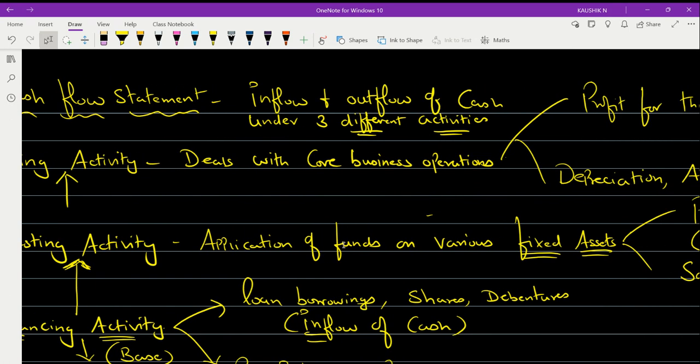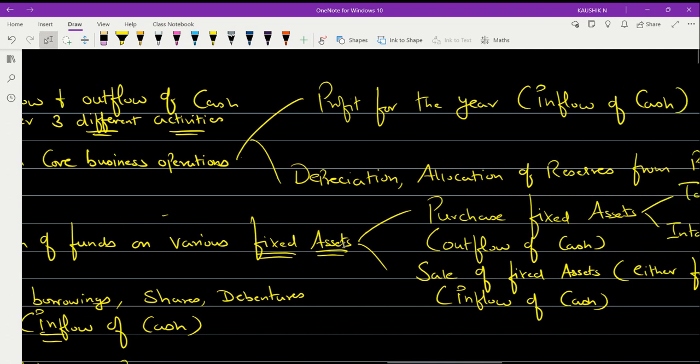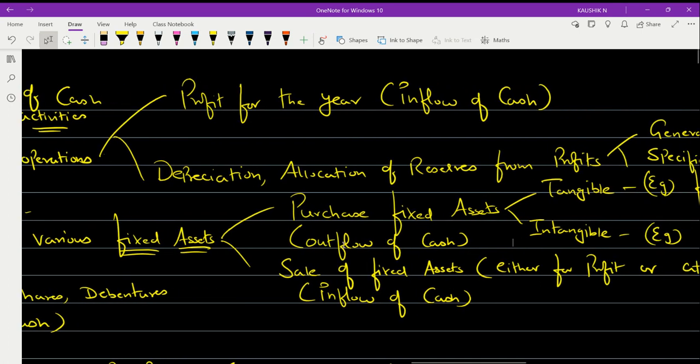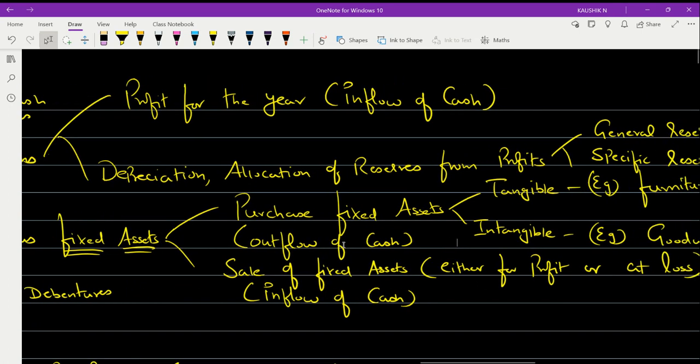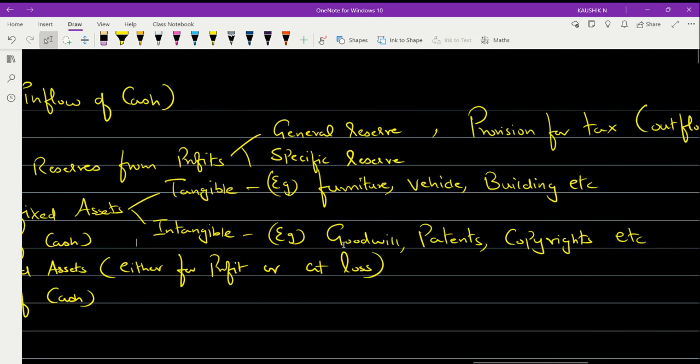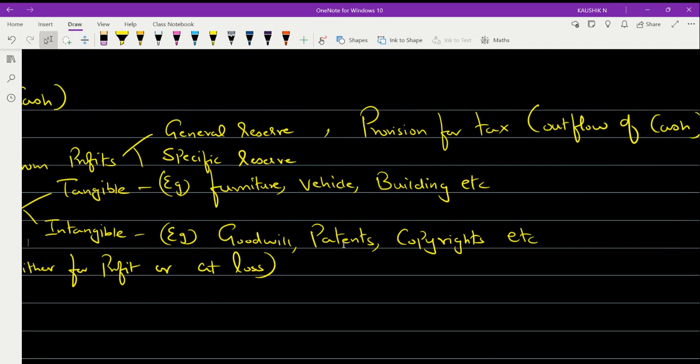Coming to the operating activity, this deals with the core business operations. Here we have two types: inflow of cash and outflow of cash. Usually, business gets inflow of cash in the form of profit earned for the year, because you're doing some business activity and that leads to profits. The items that will pull out your profits are depreciation, allocating profit towards reserves in the form of a general reserve or a specific reserve, and providing for taxes, payment of taxes for that particular year.